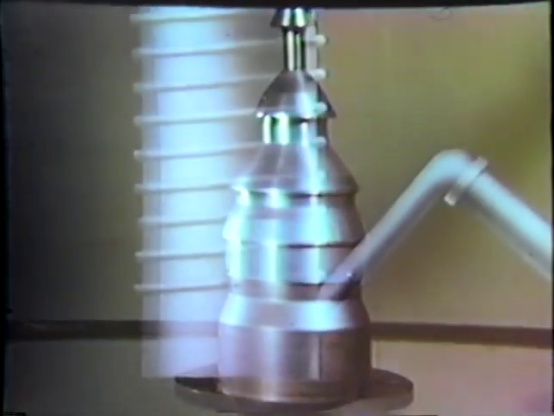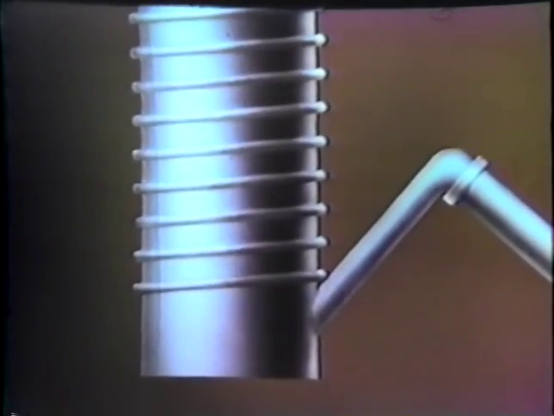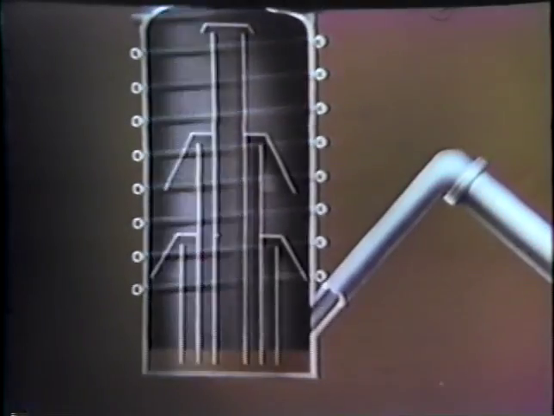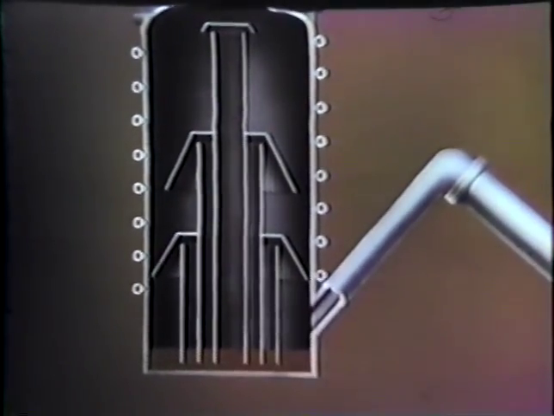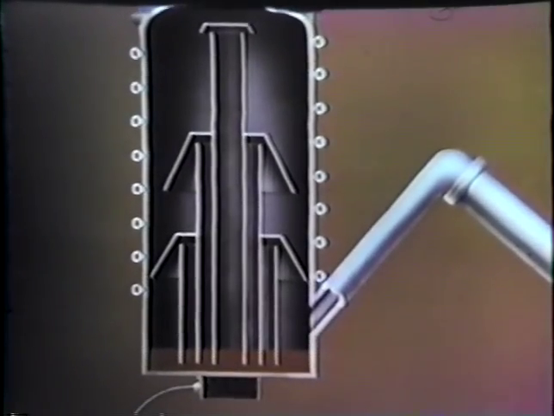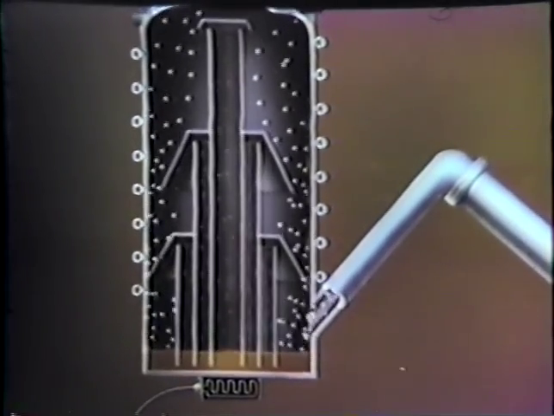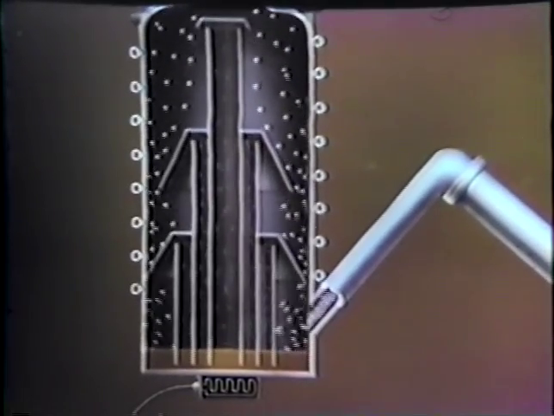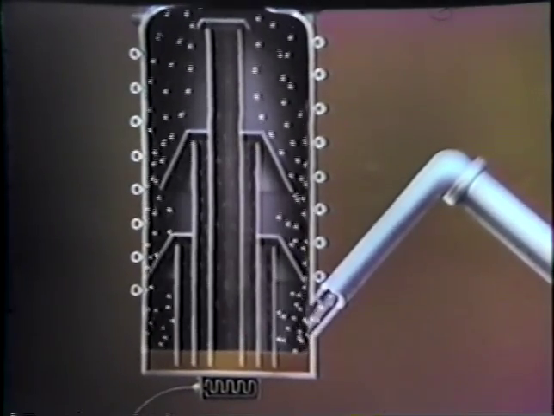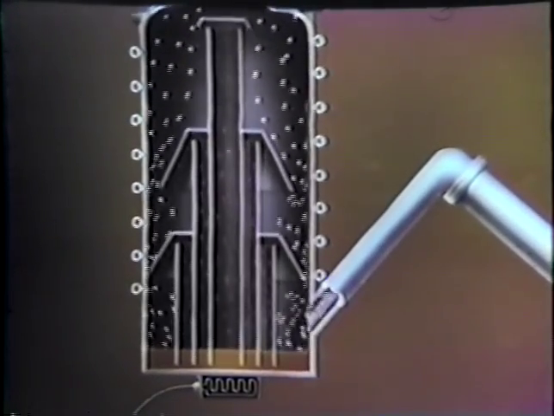The basic elements of the pump are a cylindrical water-cooled casing, the jet assembly, a reservoir of oil, and a means of heating the oil. Oil vapor is directed downward in jet form by nozzle caps. The ejection is at considerable velocity, and the rushing vapor collides with any air molecules in the vicinity.